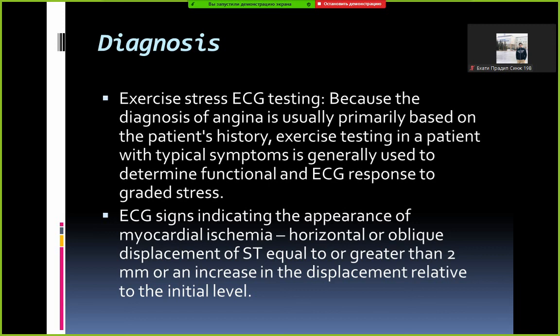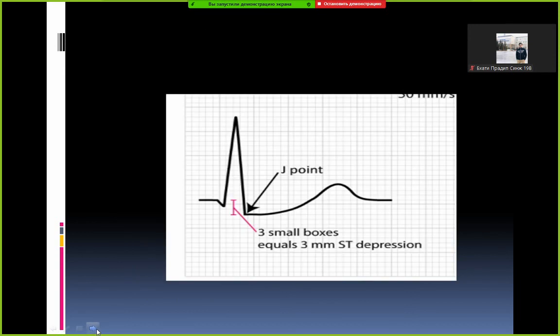ECG symptoms indicating the appearance of myocardial ischemia: horizontal or oblique displacement of ST equal to or greater than 2 millimeters. So this is depression of ST segment more than 2 millimeters. One box is 1 millimeter.